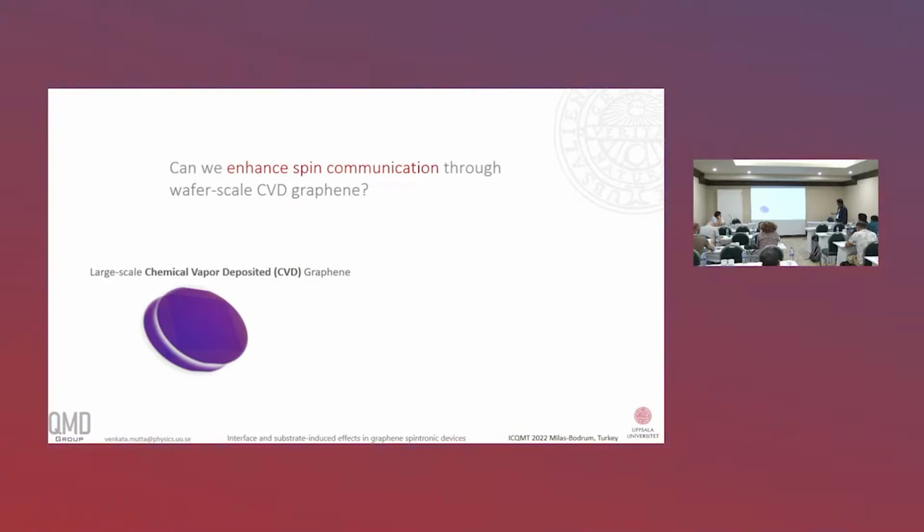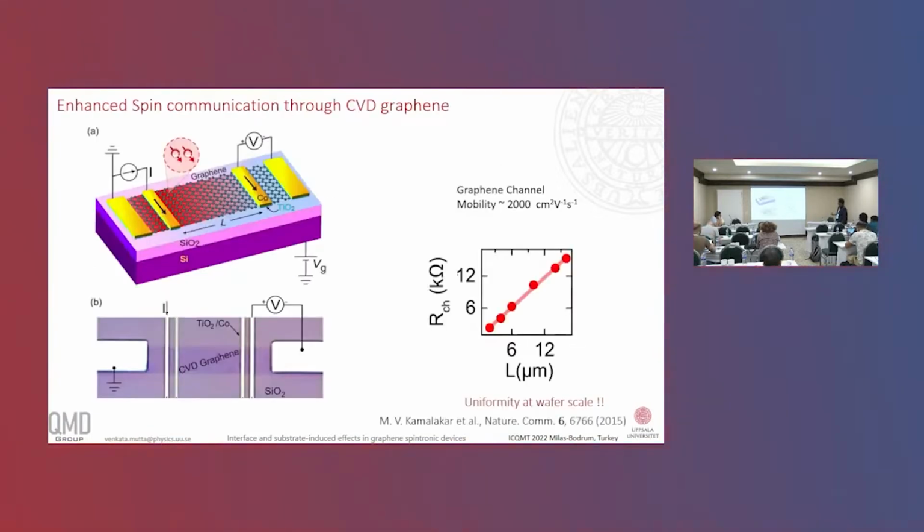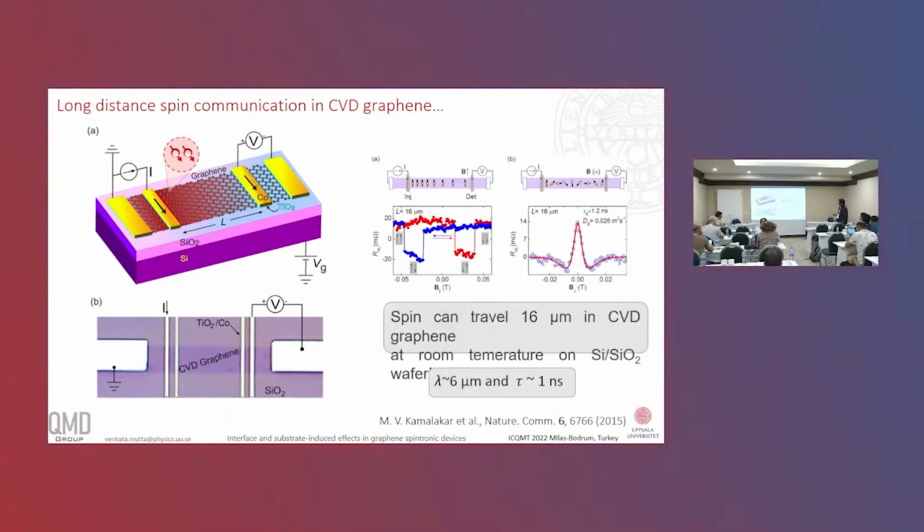This is the question that I've been exploring for several years, and we have been able to see that with channel length the resistance scales linearly, with a reasonable mobility even in commercially available chemical vapor deposited graphene. In this report, which we published in 2015 with some of my ex-colleagues, we have been able to see that spin transport is possible in commercial graphene over 16 micrometers at room temperature.